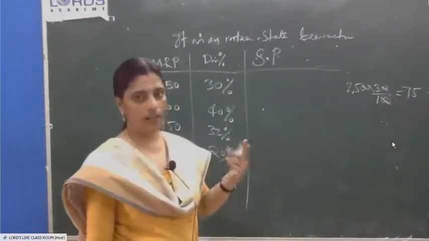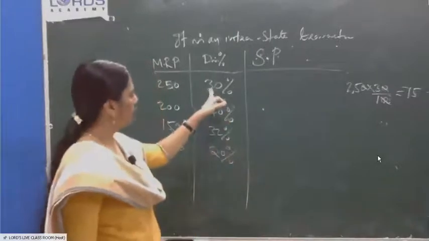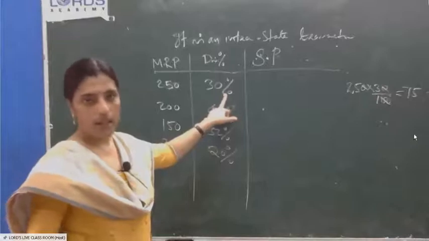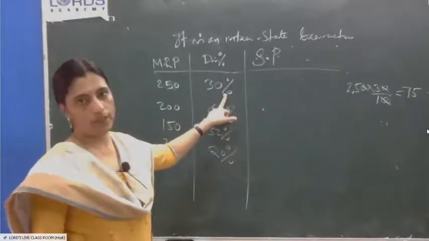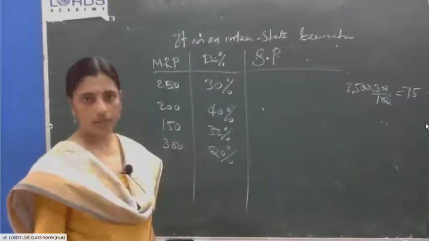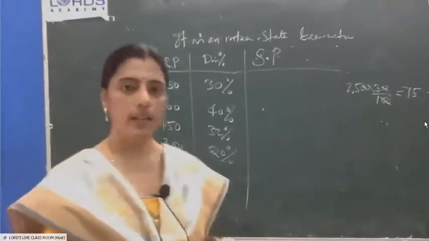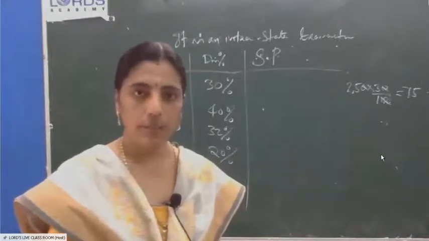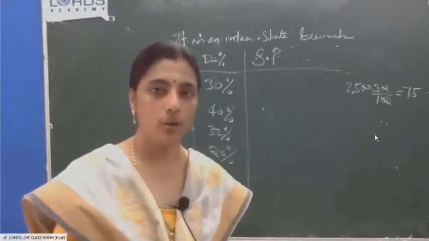But another way, the easiest way: if 30% is the discount, another way I can tell is 70% of 250 is the sale price. Is it correct? Once more, 30% discount I am getting for 250 rupees means 70% of 250 rupees only I have to give.